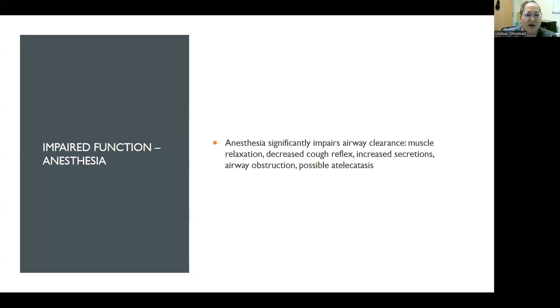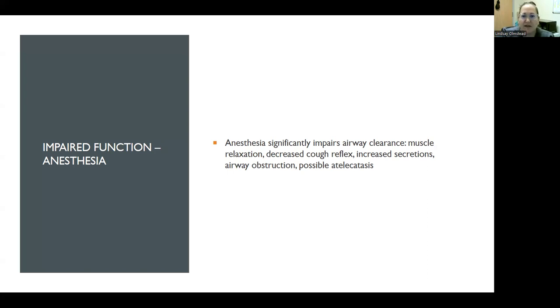With anesthesia, you have muscle relaxation, and that includes muscles that support the airway, that can cause the tongue to fall back, obstructing the throat. You have the loss of a cough reflex, making it difficult to clear mucus from the airways. You have reduced lung volumes, so it can decrease the functional residual capacity, which is the amount of air remaining in the lungs after a normal breath, which can lead to some atelectasis.